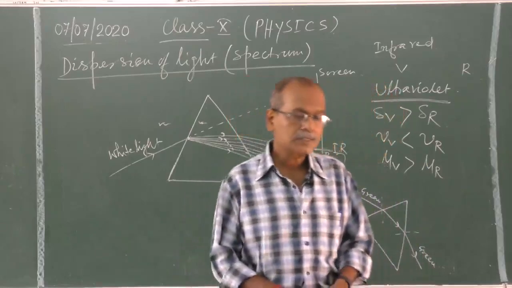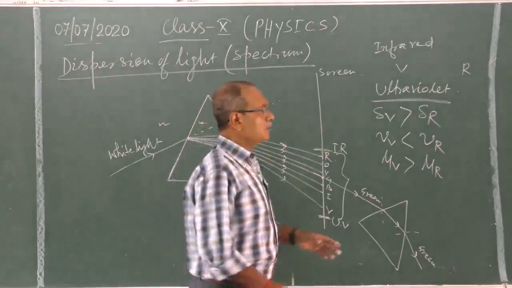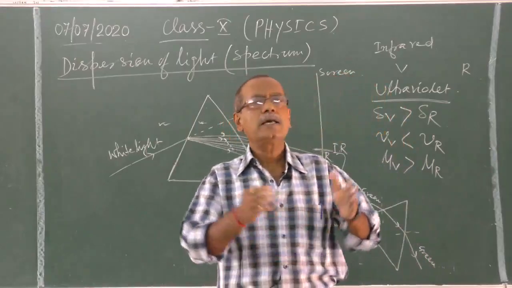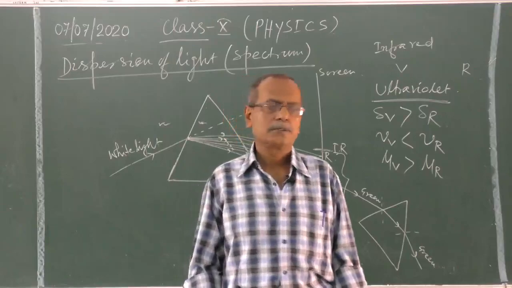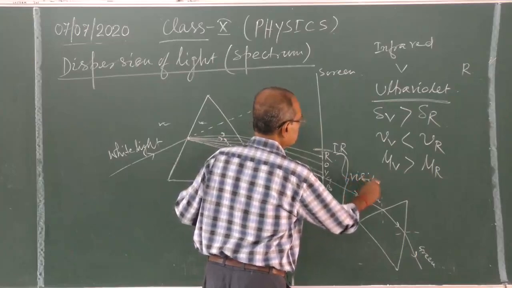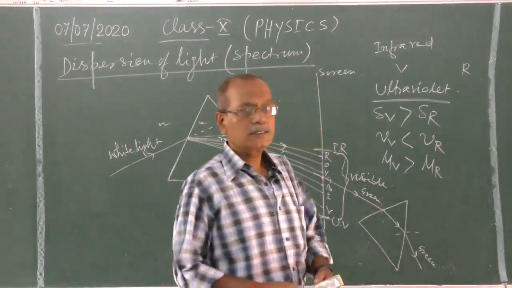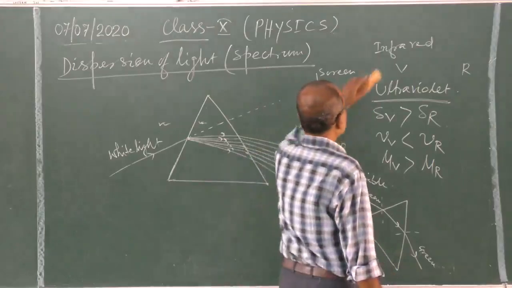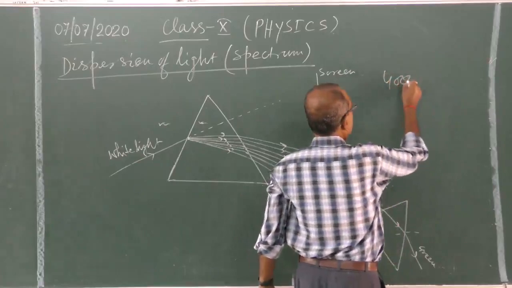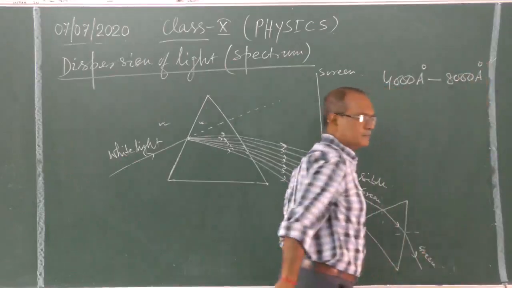Now we'll discuss the electromagnetic spectrum. In the electromagnetic spectrum, visible colors and invisible radiations are both there. We'll mark only VIBGYOR as visible, and both sides of the visible are invisible. As I told you, the wavelength of visible color varies from 4000 angstrom to 8000 angstrom.